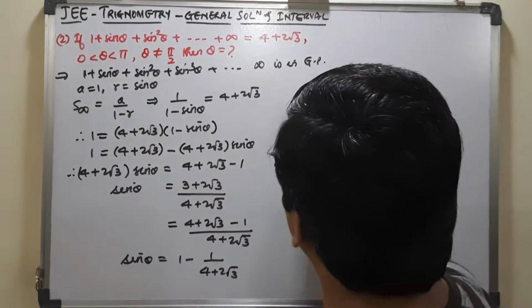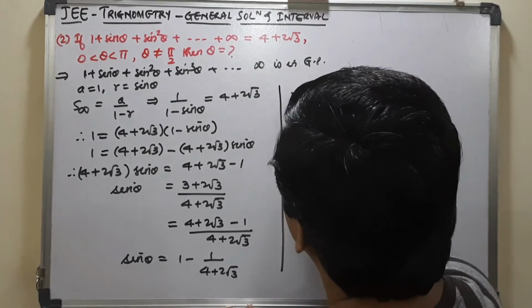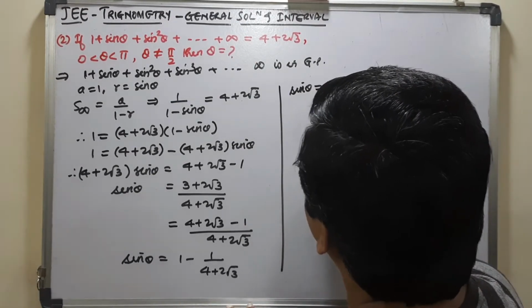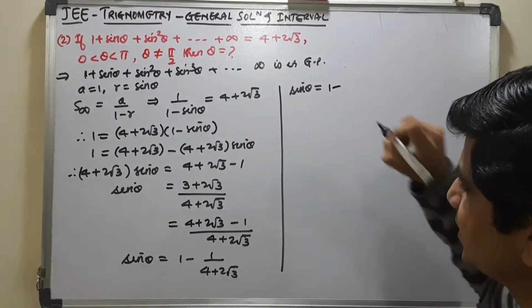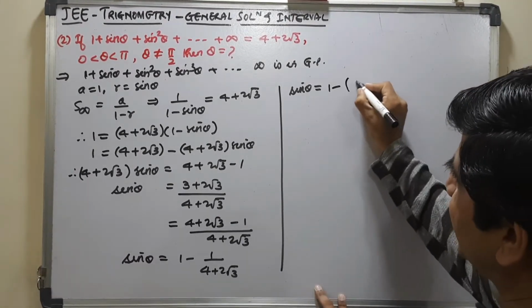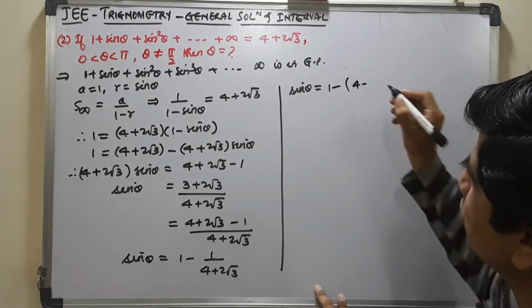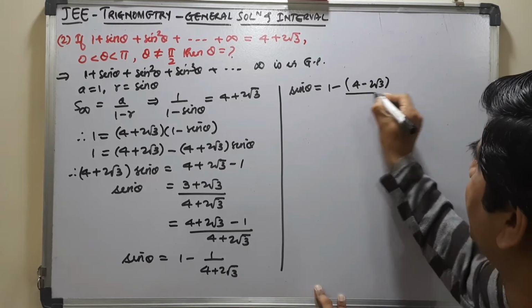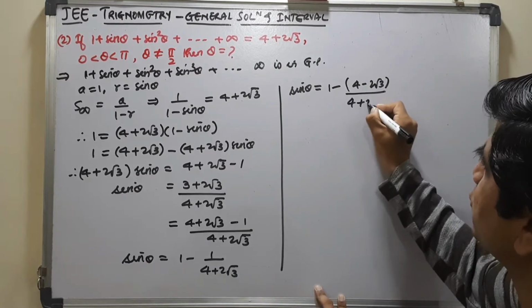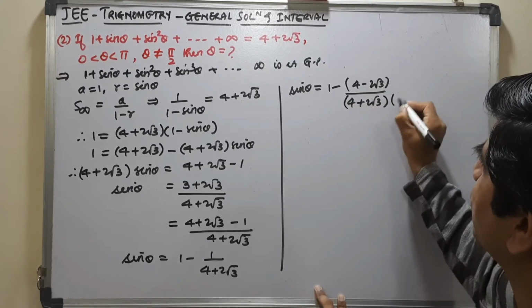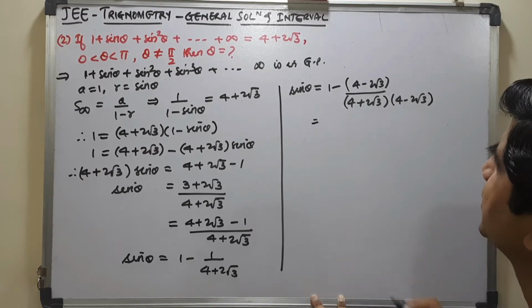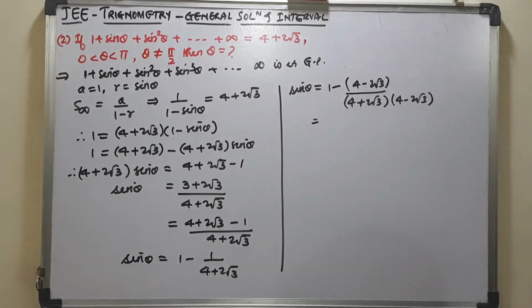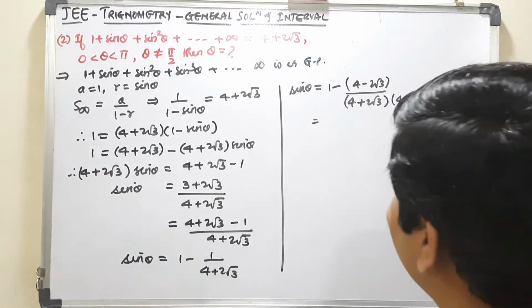So on solving, sine theta is now going to become 1 minus, rationalization will take place, 4 minus 2 root 3 upon 4 plus 2 root 3 into 4 minus 2 root 3. So I am making it rational so that I can continue my solving part further.